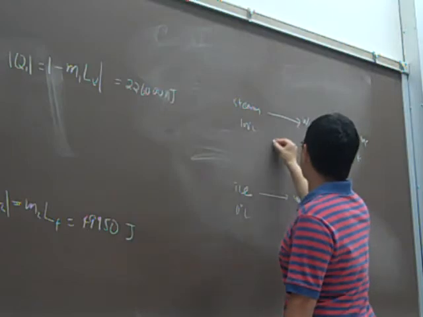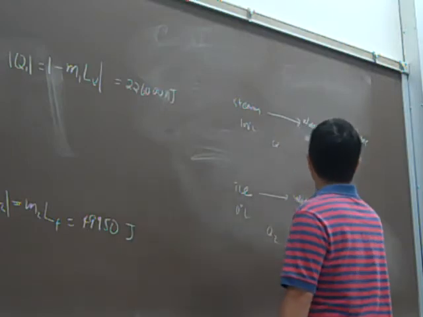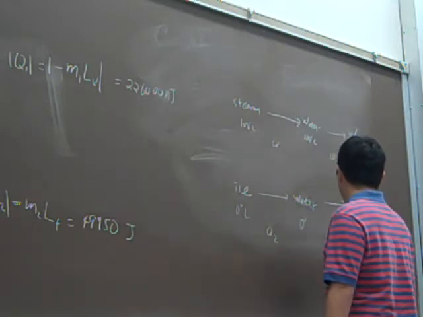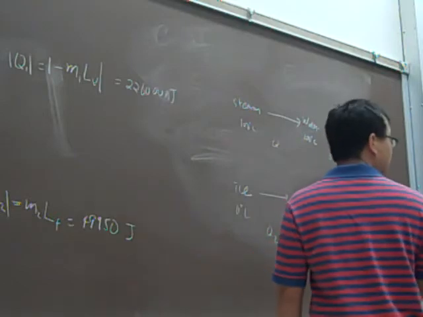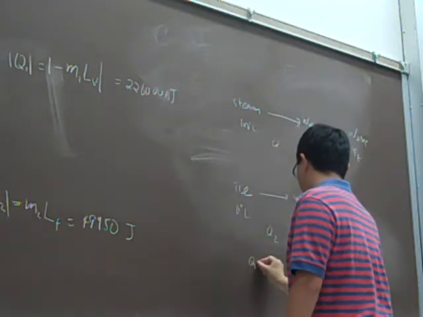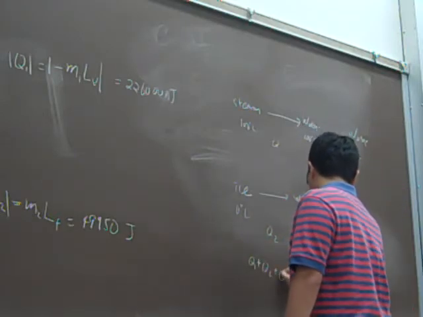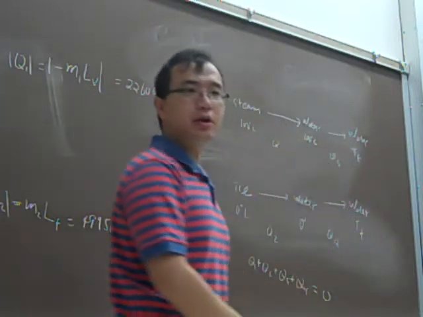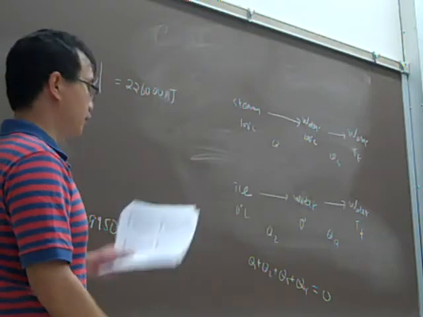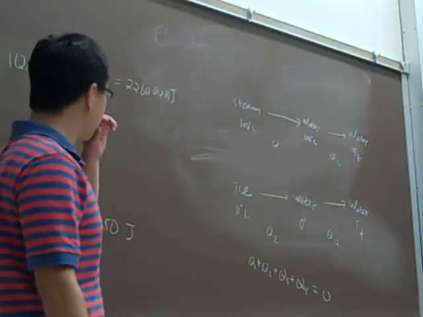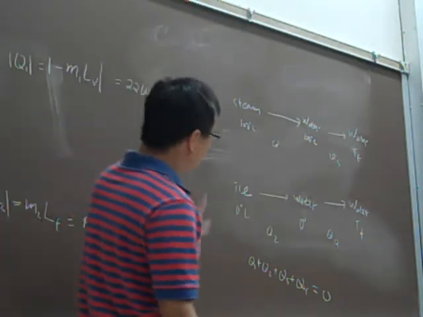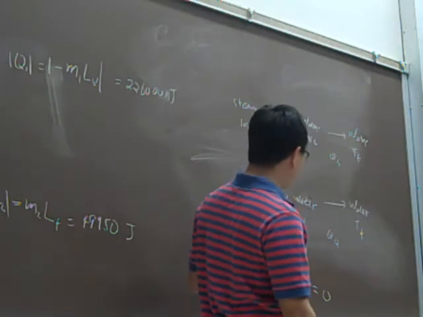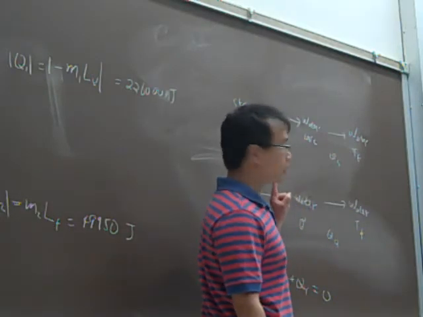Now, if you write down Q1, Q2, Q3, Q4, and add them together, we'll get 0 again, right? Energy is conserved if there is no energy loss. And here, similar to that one, you are going to get one equation with only one unknown number.